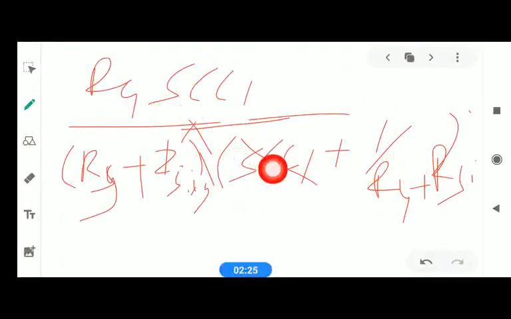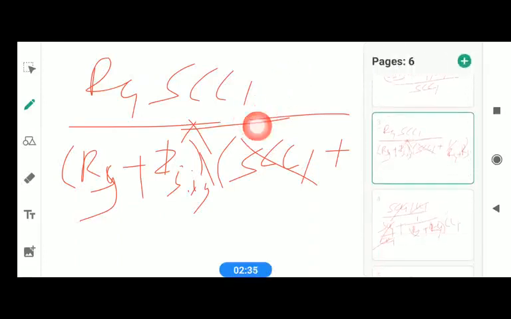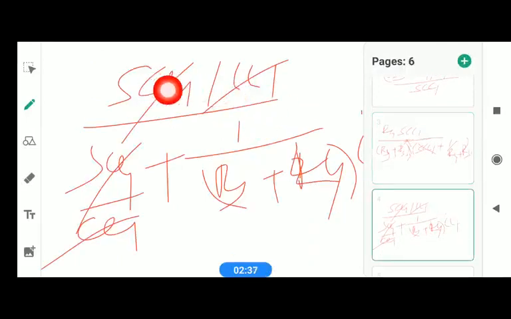For this term we are dividing the numerator and denominator by CC1. By dividing by CC1, this CC1 gets cancelled, and here also CC1 gets cancelled. Here S remains.